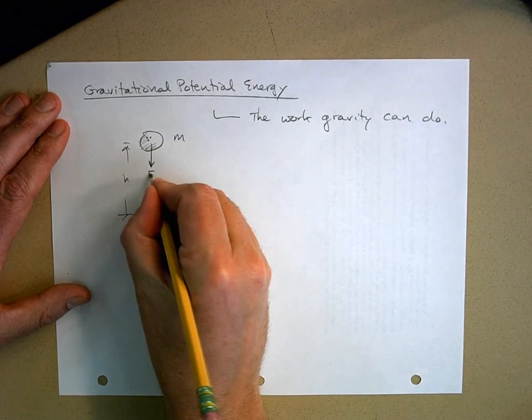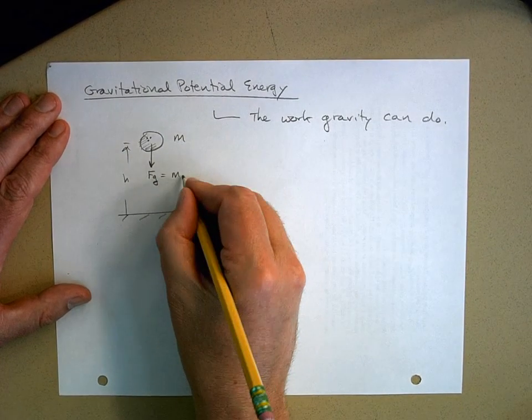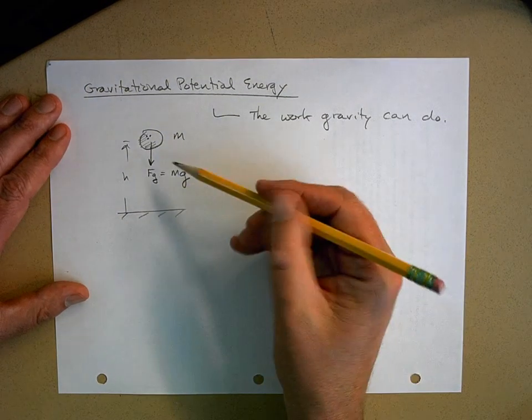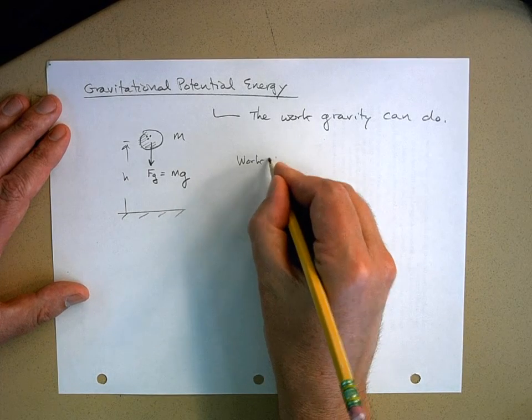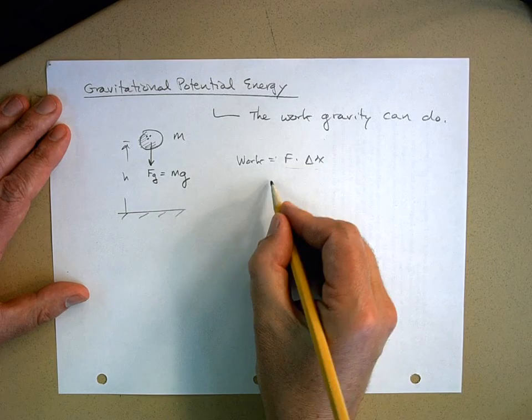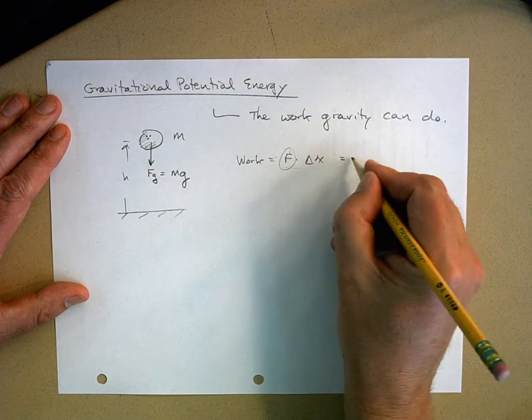Well, we have the force of gravity here, right? And the force of gravity is the mass of the ball times g, the acceleration of gravity. And we said that work is equal to a force times the distance. But here, the force is mg.